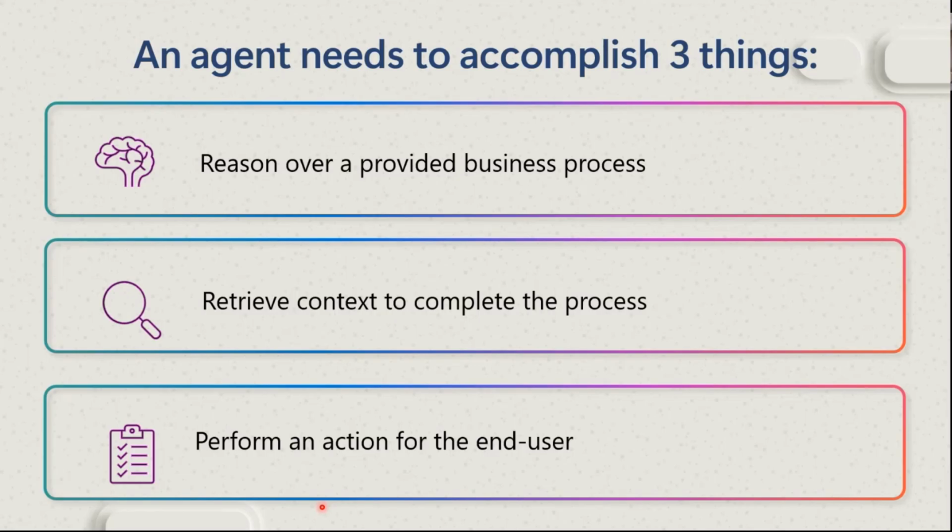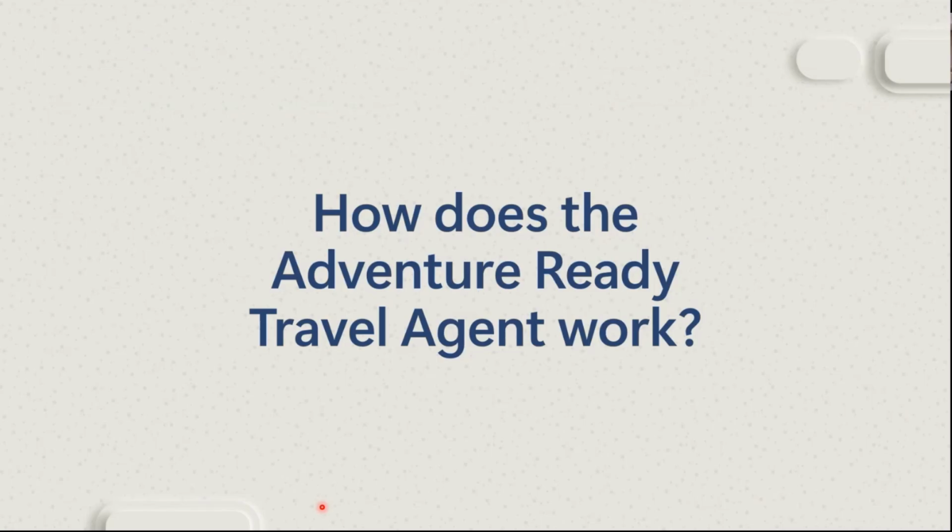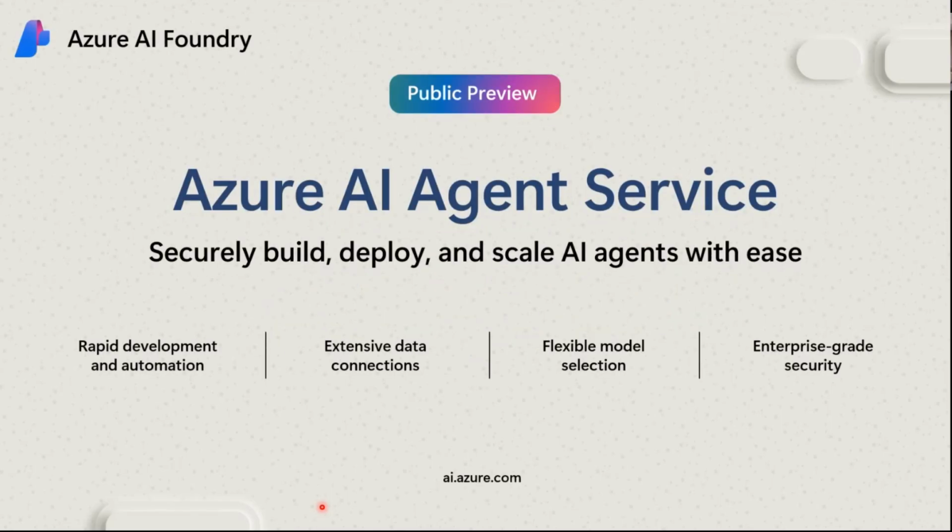So how does the Adventure Ready travel agent work? There are actually a lot of ways to do this: LangGraph, LangChain, AutoGen, Semantic Kernel, Crew AI, and all of that stuff, to be honest. But now we're trying to simplify it with the Azure AI Agent Service. So what does the Azure AI Agent Service do?